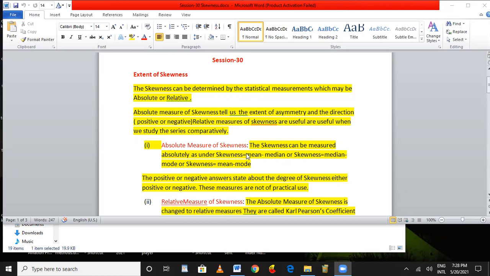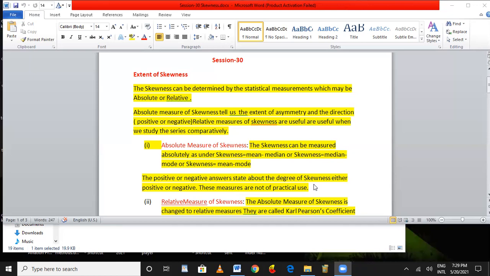We get positive or negative, and it is the difference between the mean and median, the median and mode, or the mean and mode. Plus is positive, minus is negative.